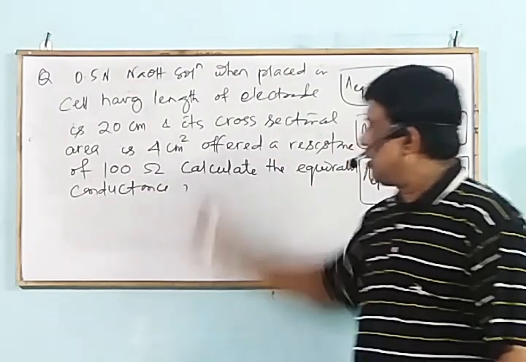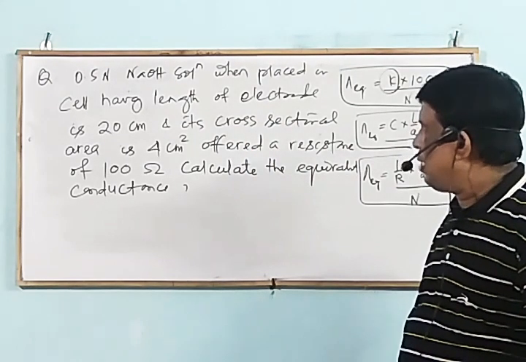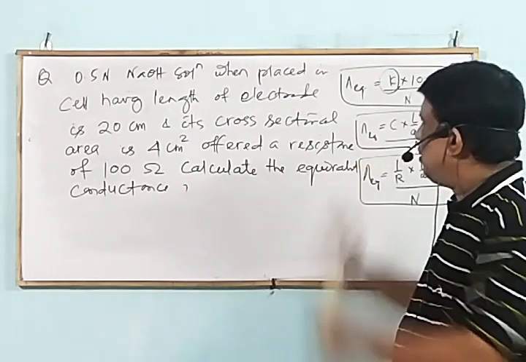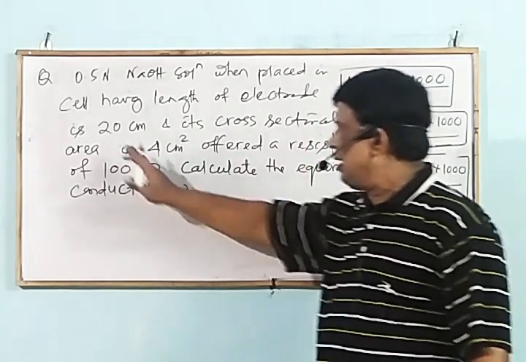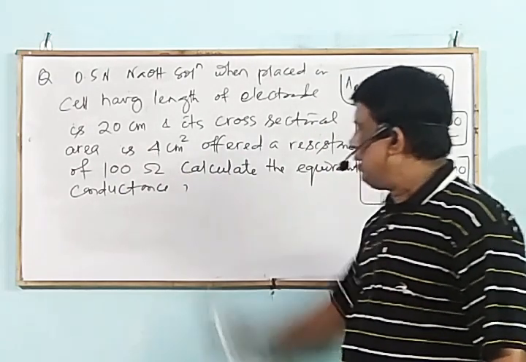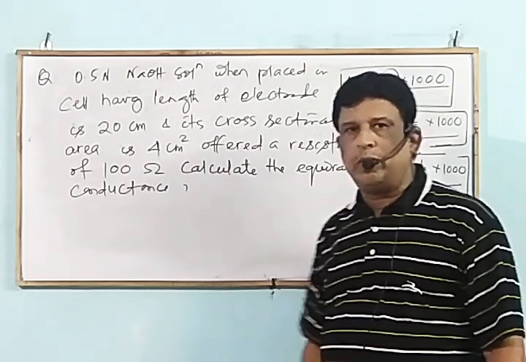Mark the question. What are the data given? 0.5 normal sodium hydroxide solution placed in a cell having the length of the electrode 20 centimeter, cross-sectional area of the electrode 4 centimeter square, offered a resistance of 100 ohm.